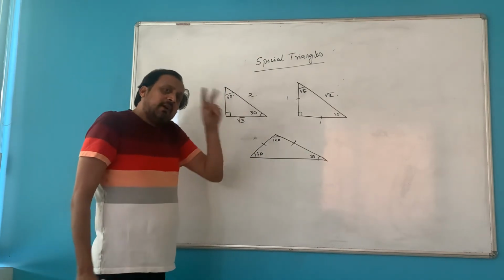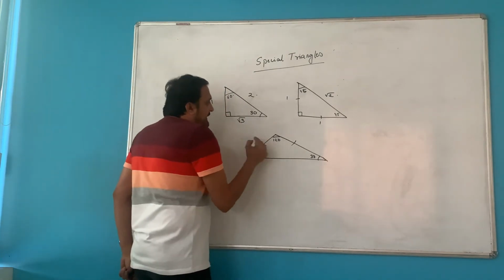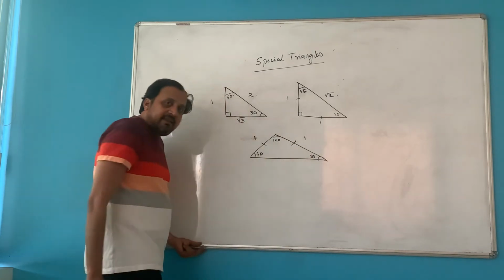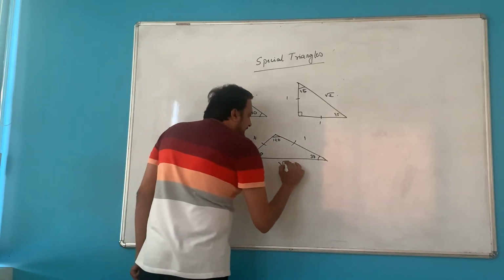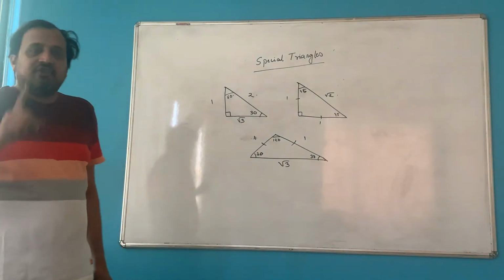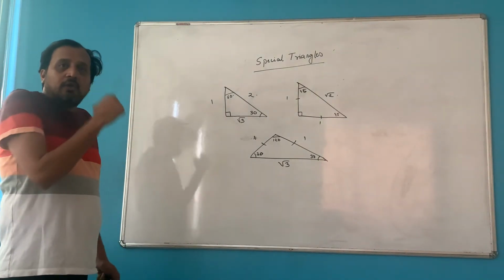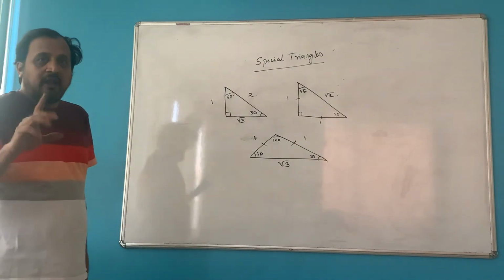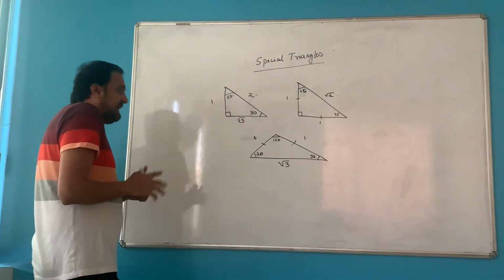It will be an isosceles triangle. Since it's isosceles, these two sides will be the same and the base will essentially be root 3. So this is how you remember the ratio of sides: 1, 1, root 3.